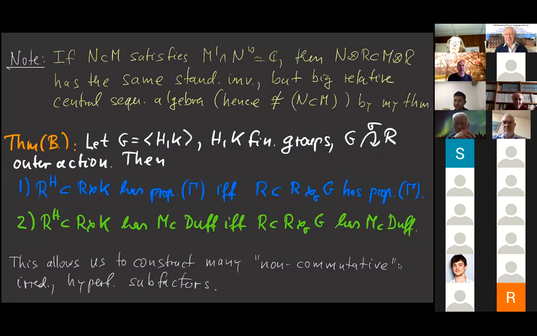Let me make one additional comment. The standard invariant is really just the representation theory of the subfactor, but this work with central sequences clearly shows that there is more to life than tensor categories, right? In other words, the subfactor captures other symmetries as well, not just symmetries coming from the representation theory captured in an associated planar algebra or tensor category.